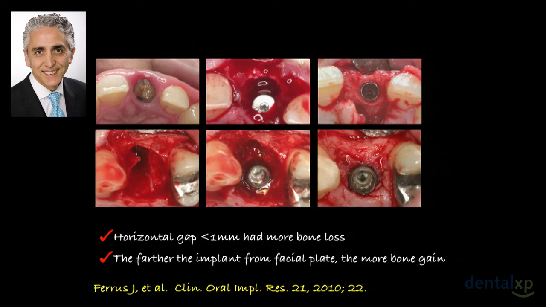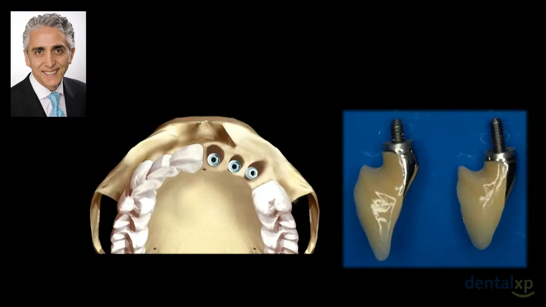However, we're not going to ignore the prosthetic concern, because there is also prosthetic feedback into the process. Because if you place the implants too far to the lingual palatal, we're going to have inappropriate prosthetic contours, as you could see in this case. So we have to reach a compromise between what biology will tell us and what the prosthetic determinants are.